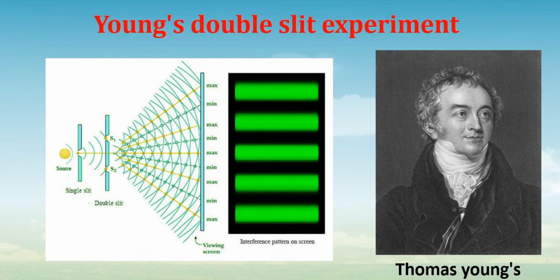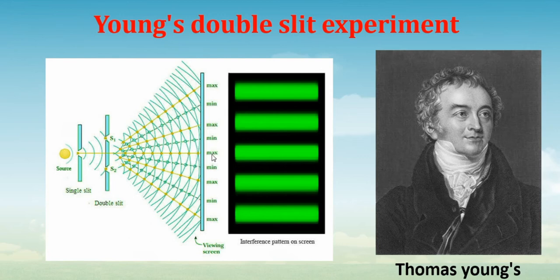Then it undergoes constructive interference. If I take the point at the center, the distance from S1 to this point and S2 to this point will be the same. So there will be no difference in the path traveled by the light from S1 and S2 to this point. That's why at this point we get maximum intensity of light.